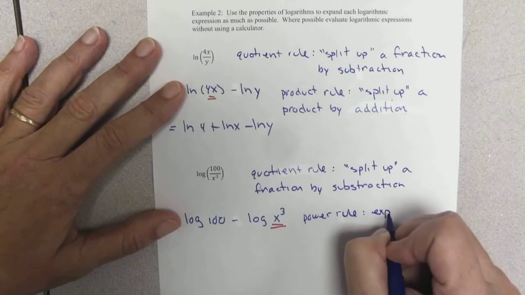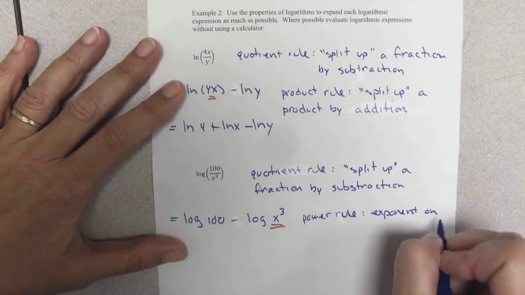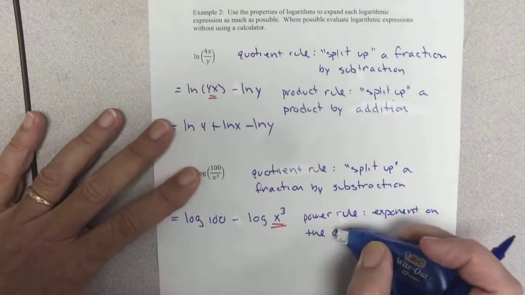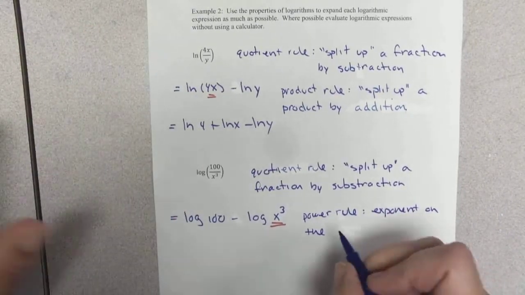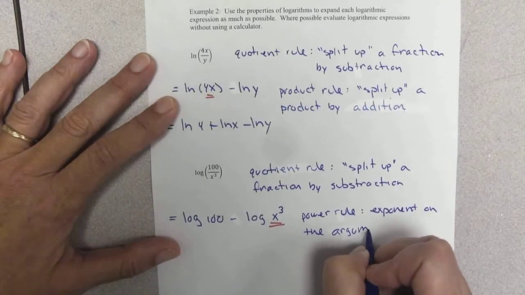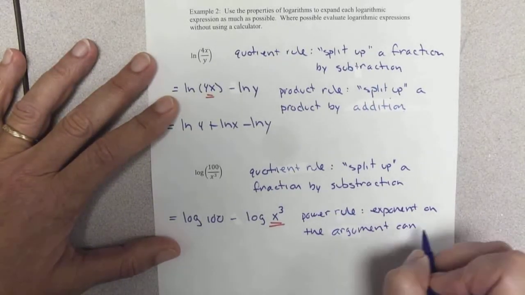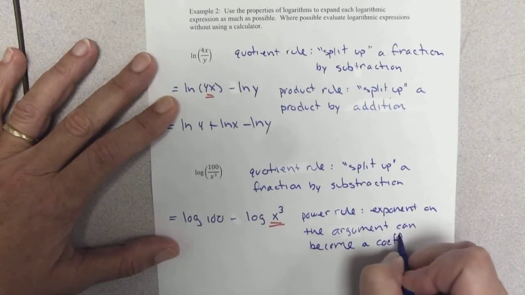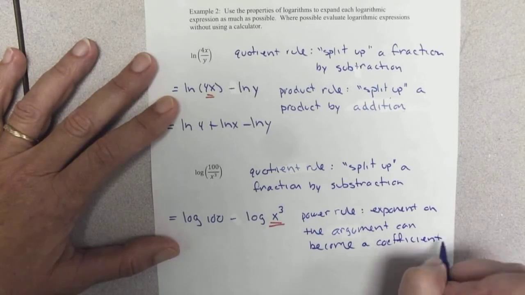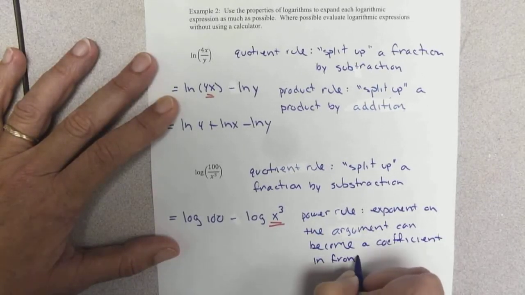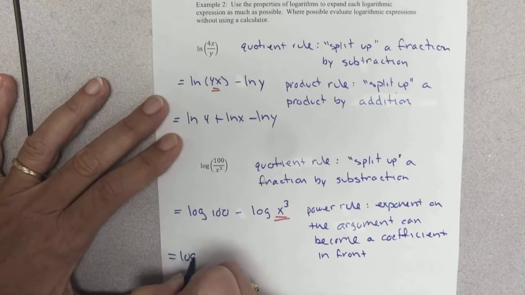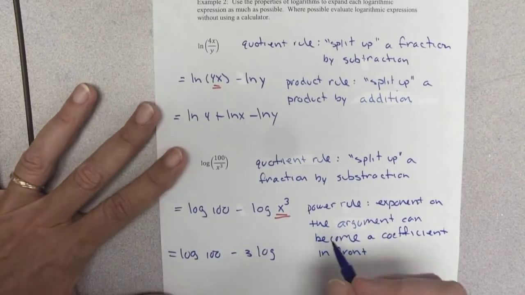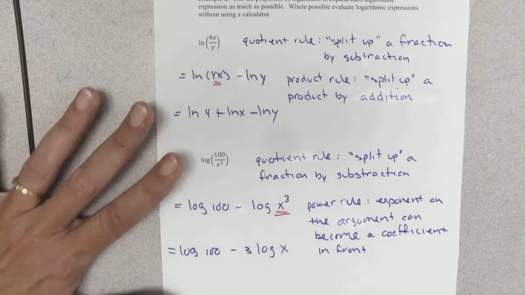Which says an exponent on the argument can become a coefficient in front. So this becomes log base 10 of 100 minus 3 log x.